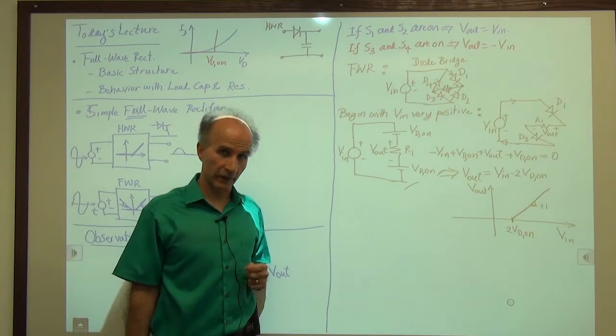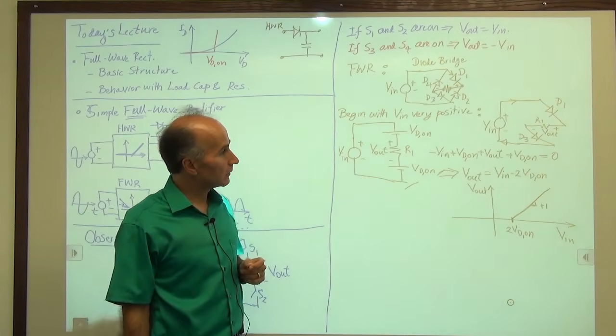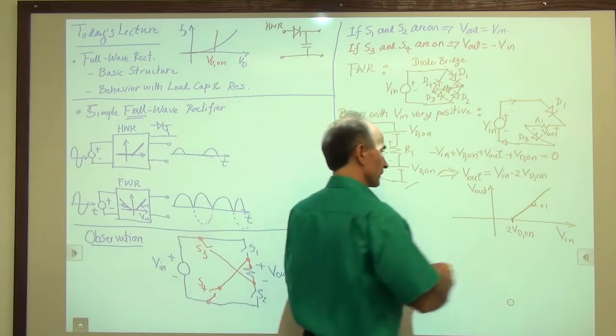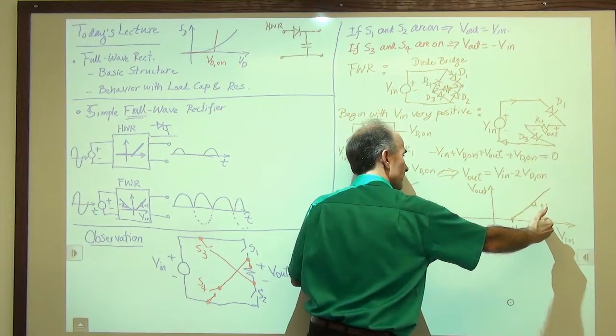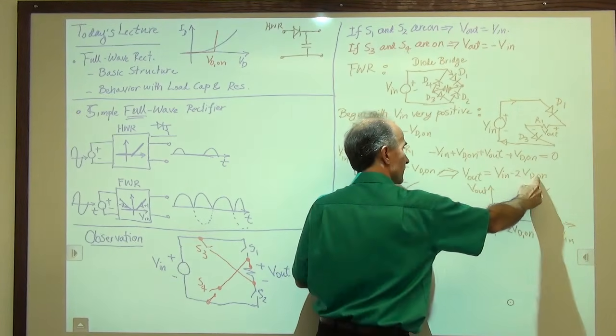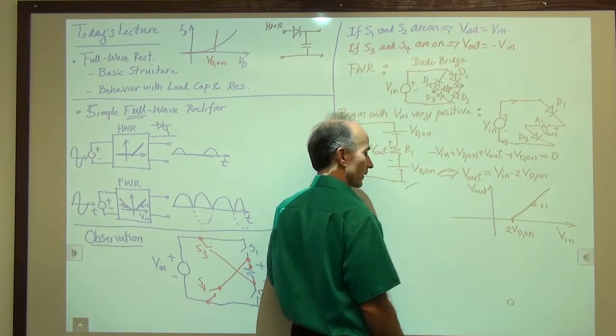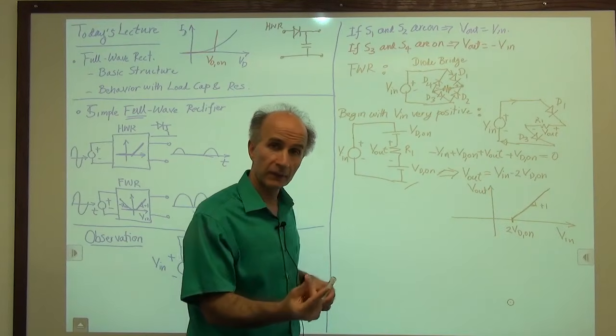Okay, so that was not that hard. All right, so what we see is that as V in starts from a very positive value and comes down, V out also comes down. The difference between them is only 2 diode drops, and at some point V out reaches 0. Why does V out reach 0?